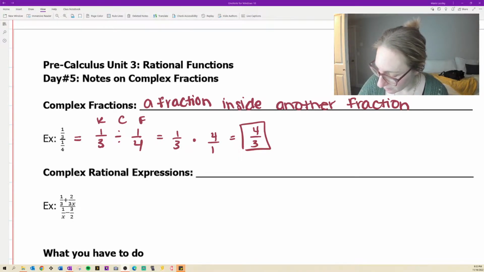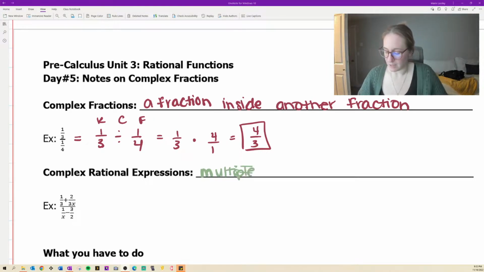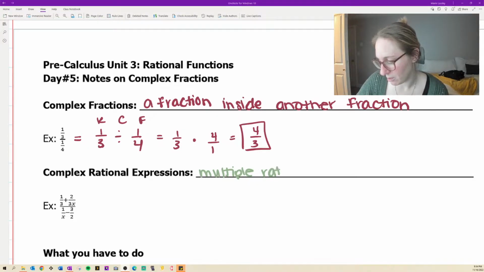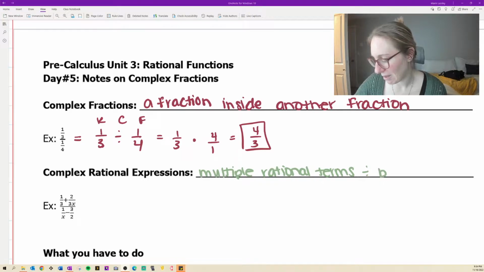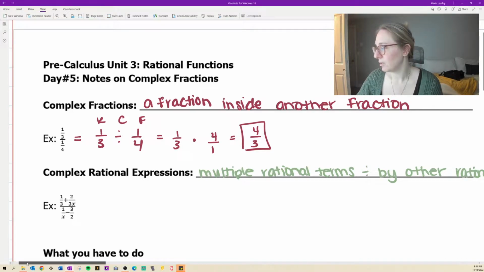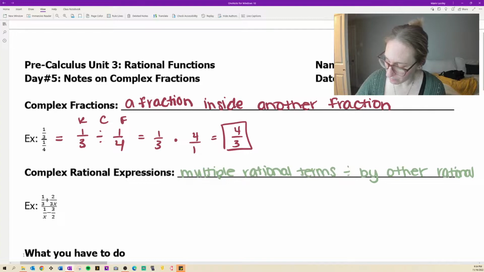All right, so this is multiple rational terms divided by other rational terms.